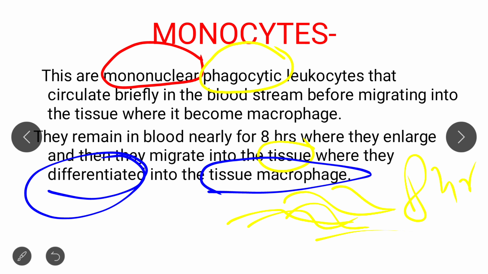They remain in the bloodstream for about 8 hours, where they mature and enlarge, and then they migrate into the tissue, where they differentiate into tissue macrophages. So this is all about the monocyte.